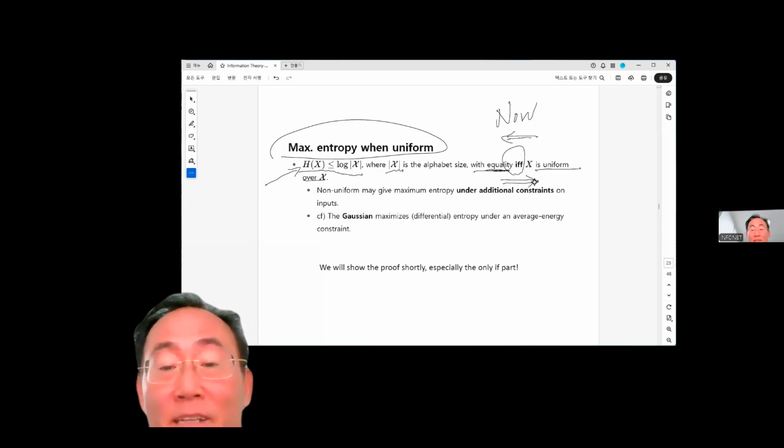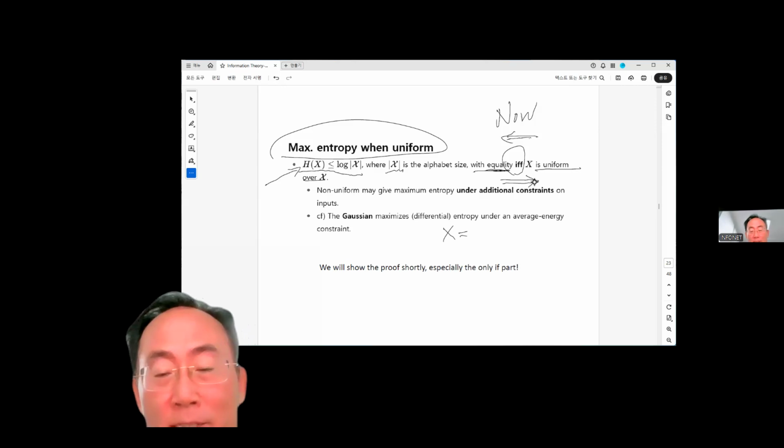So what is the definition that random variable X is uniform over the alphabet?